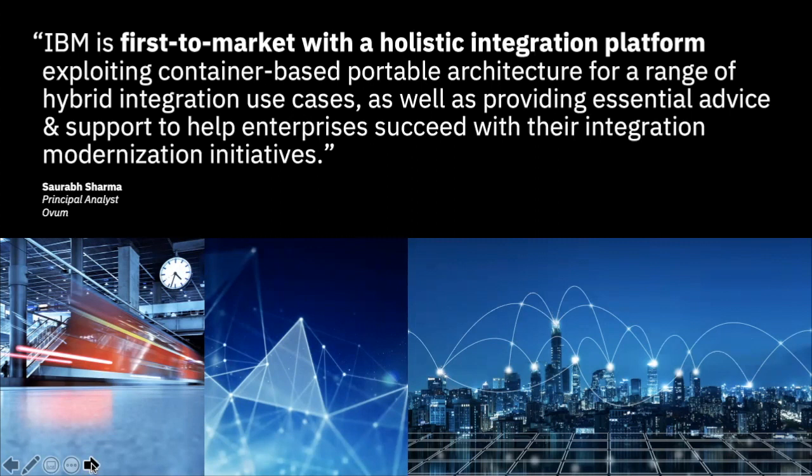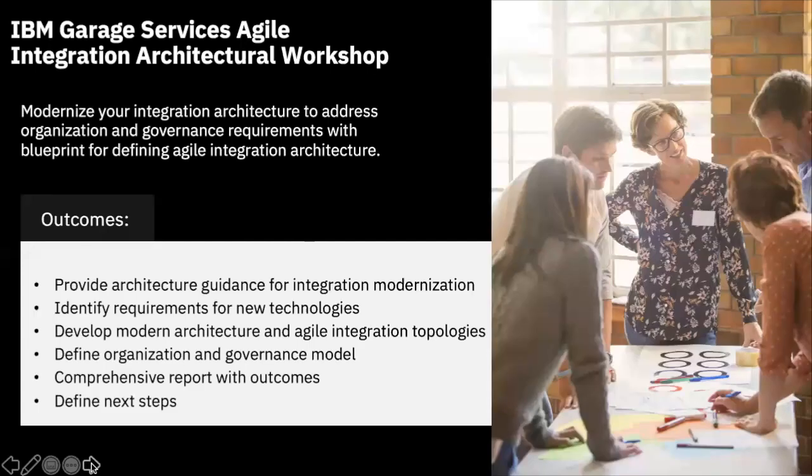space. One approach that you can take to actually start this modernization process is through our Agile Integration Workshop. This Agile Integration Workshop is focused on what it means to get Agile, some of the changes that are necessary, and the business objectives that your organization has.